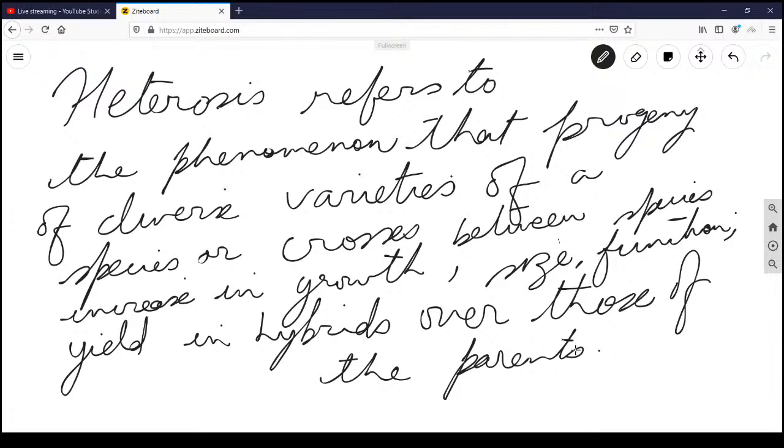Plant breeders, and animal breeders also, sometimes exploit heterosis by mating two different pure bred lines that have certain desirable traits. When these two combine, those traits get combined via genetic crossing, and it becomes much better.